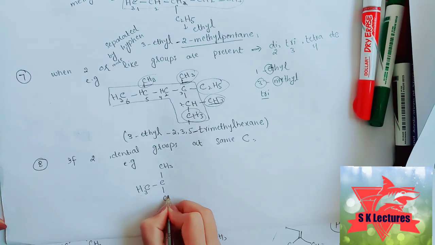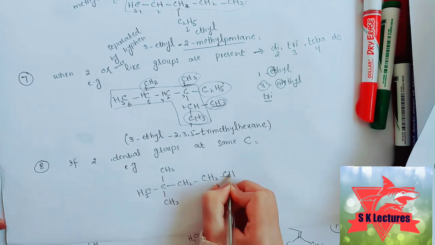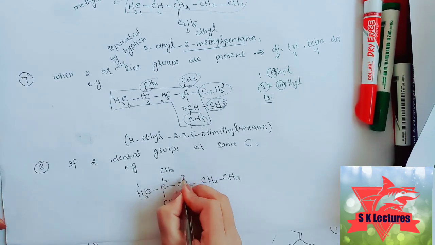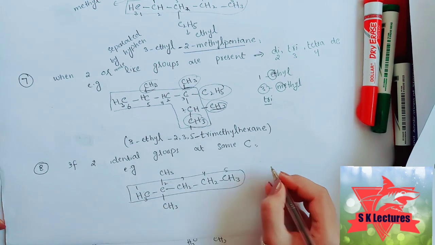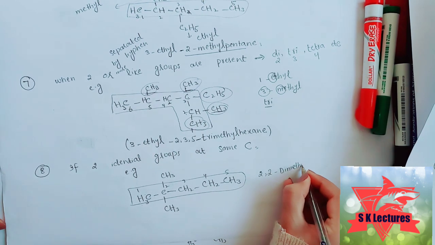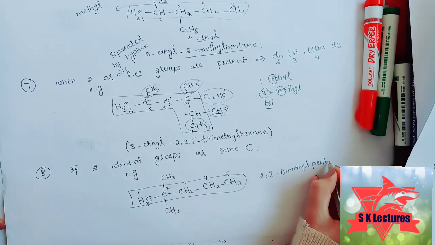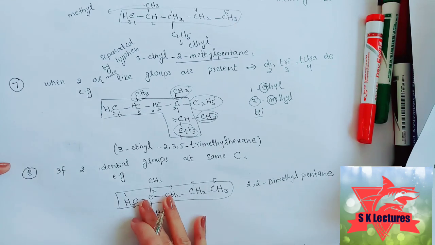For example, we have a carbon chain containing 5 carbon atoms, and 2 methyl groups are present on the 2 position. So we will write 2,2-dimethylpentane. Both of the methyl groups will be named 2,2-dimethylpentane.